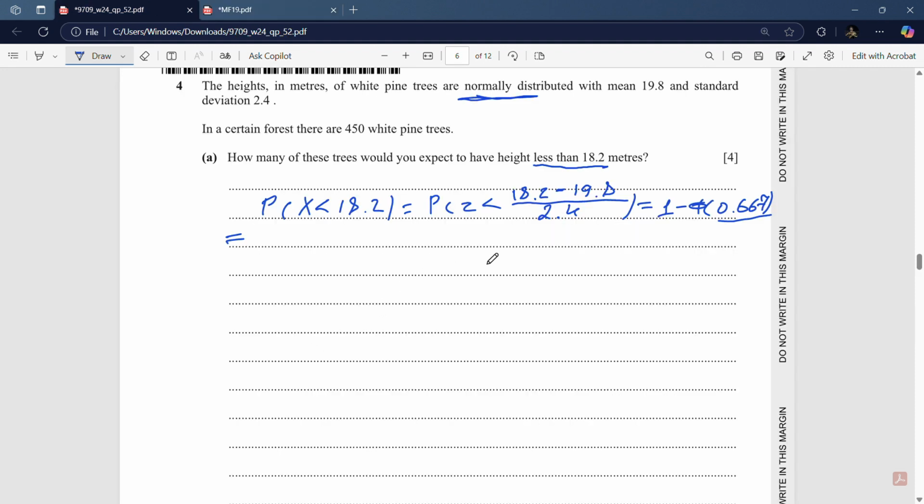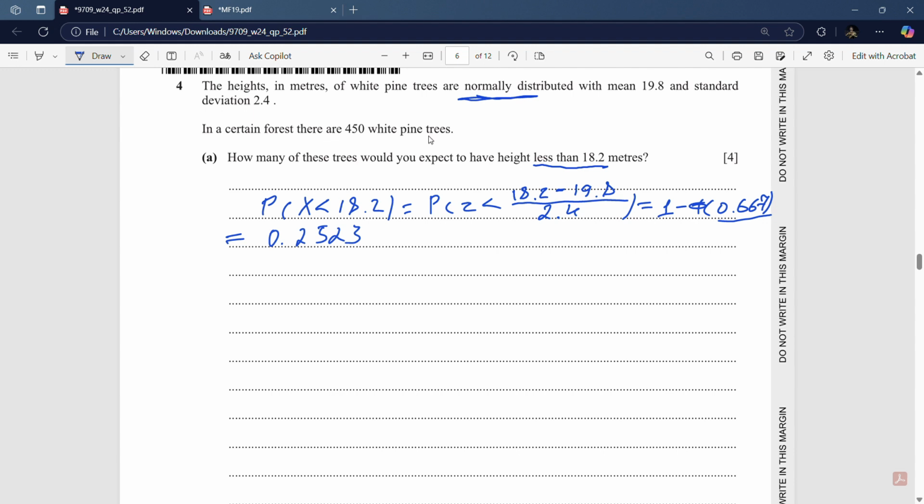So if we subtract its value from 1, we will have 0.25, 3, and we had 450 white pine trees.